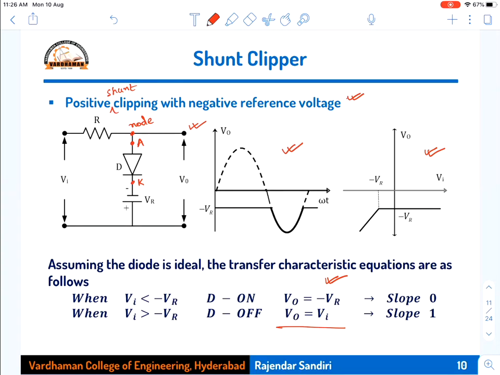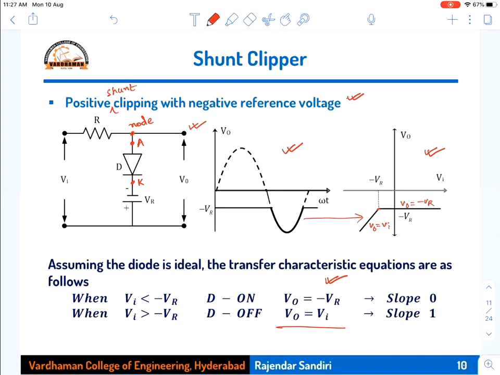Okay. So here, if you see, wherever the input and output are overlapping, output and input both are same. So in this case, output is same as input. Therefore, you will be having a slope as 1. Now from here, you have got the voltage V naught is equal to minus VR. Therefore, your waveform is like this.